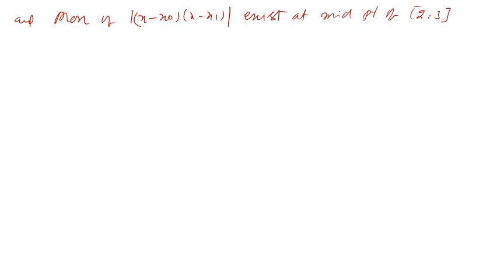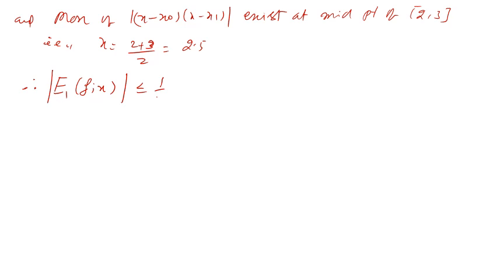And the maximum of |x − x0||x − x1| exists at the midpoint of the interval [2, 3], that is x = (2 + 3)/2 = 2.5. Therefore, the truncation error bound is less than or equal to 1/2 times |2.5 − 2||2.5 − 3| times M2, where M2 is sin 2.